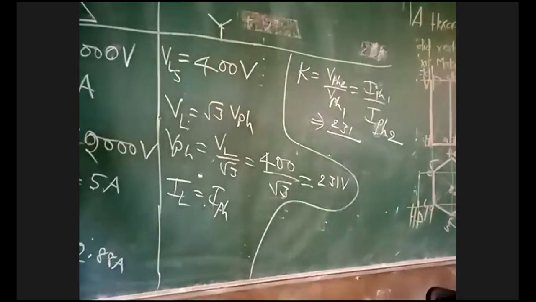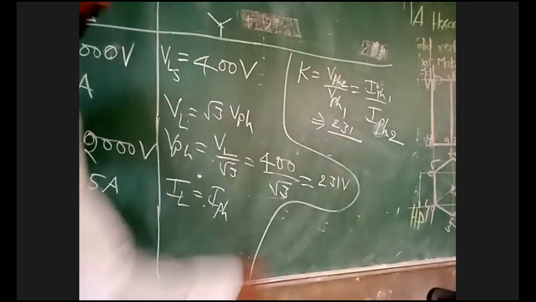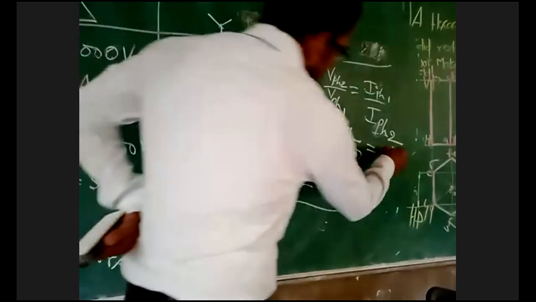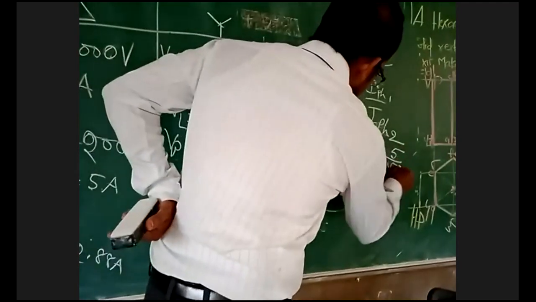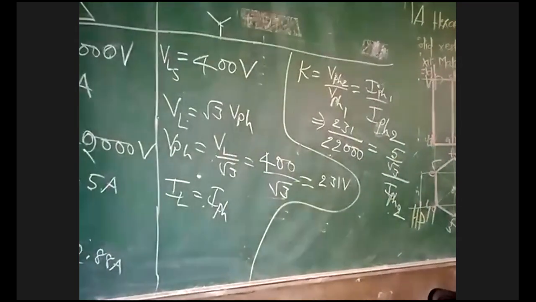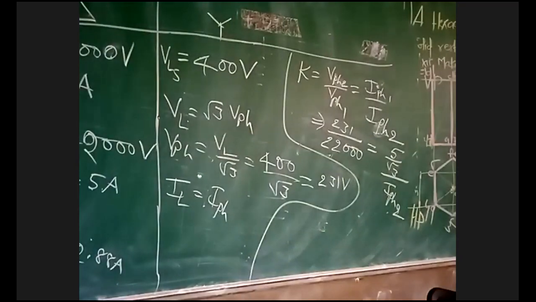V phase 1, what is the value? 22,000. That is equal to I phase 1 divided by I phase 2, that is 5 by root 3 divided by I phase 2.